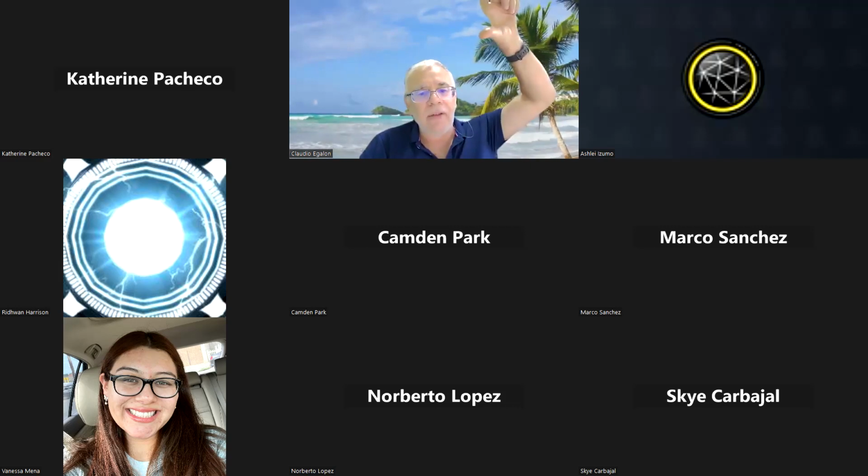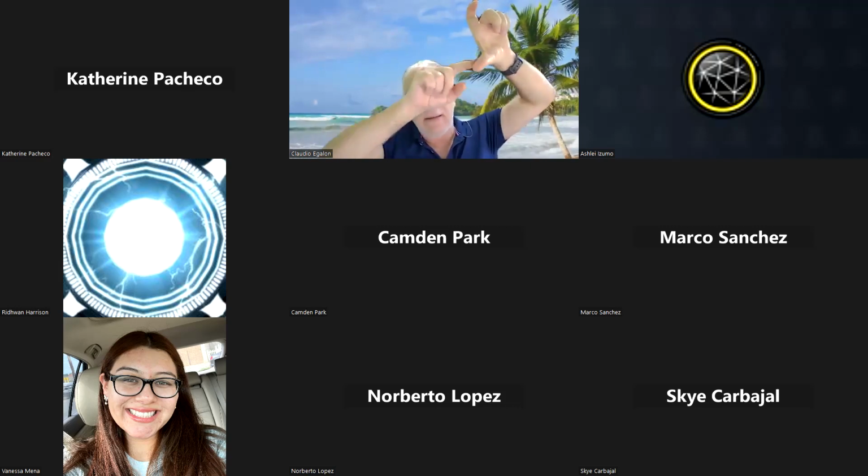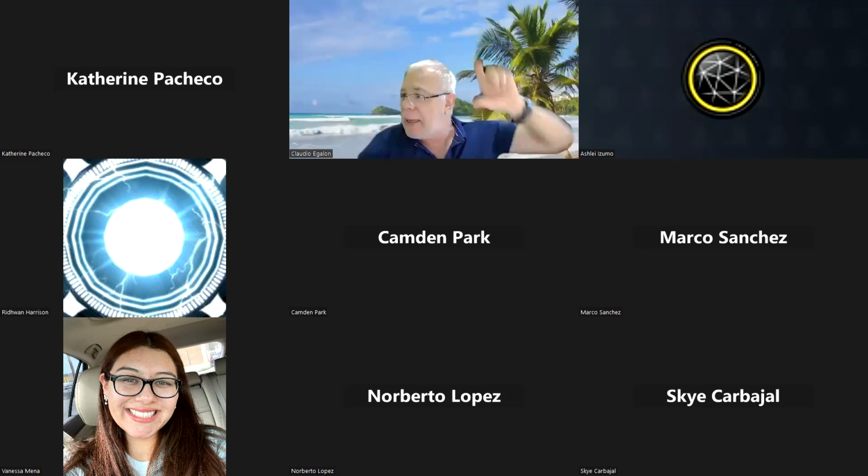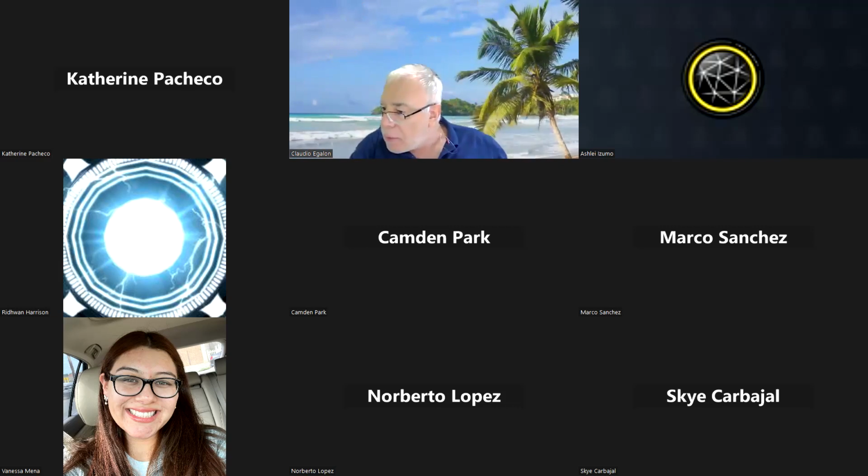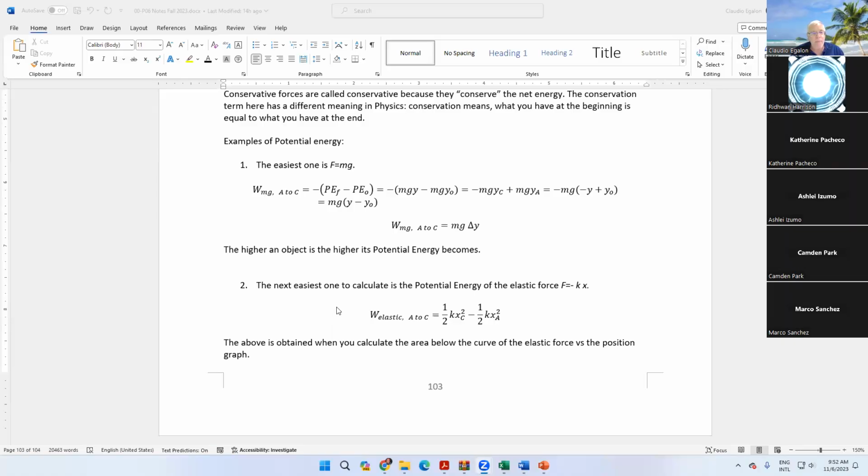Height is kx, right? And it is a triangle. Height is kx, base is x, but because you have a triangle, the area is going to be kx times x multiplied by half.